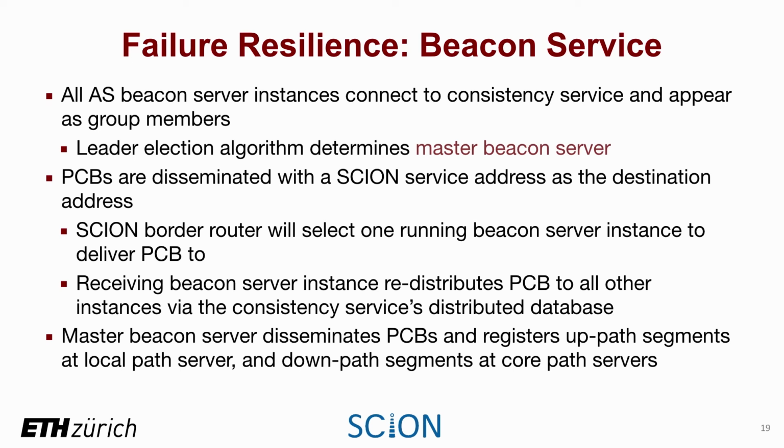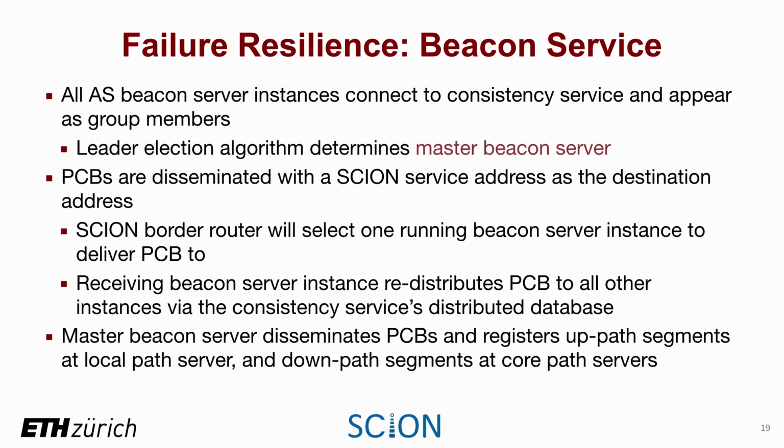So first, let's look at the case of failure resilience for beacon servers. All the beacon server instances within an autonomous system connect to the consistency service and appear as group members. And within each AS there's a leader election algorithm that determines a master beacon server.